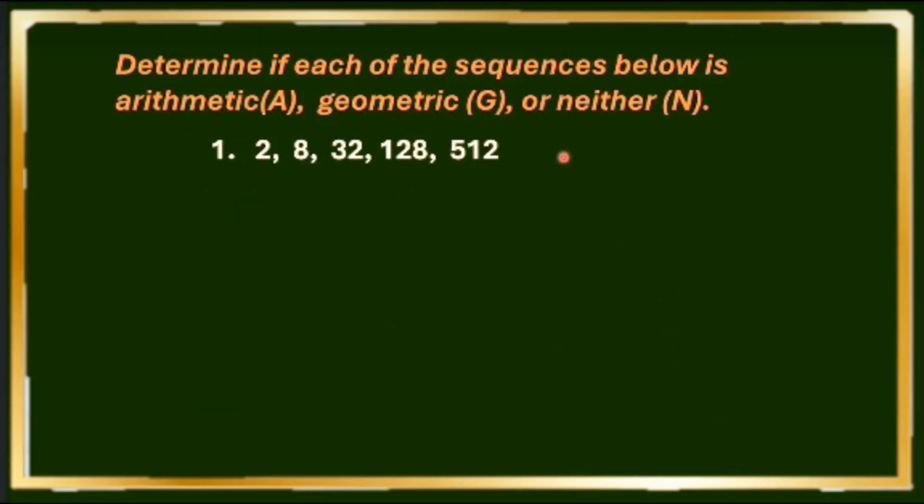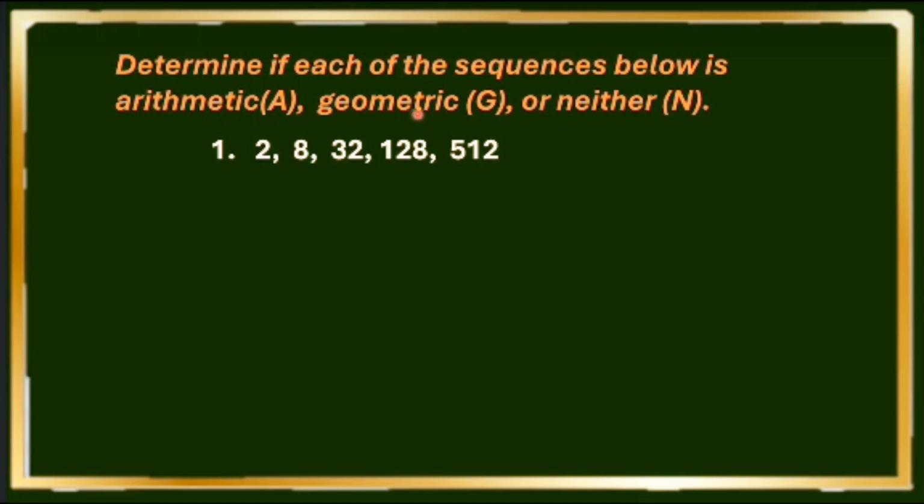Determine if each of the sequences below is arithmetic, geometric, or neither. Number 1. So you're going to think if the pattern is adding or subtracting a constant number, then that is arithmetic. If the pattern is multiplying or dividing by a constant number, that is geometric.